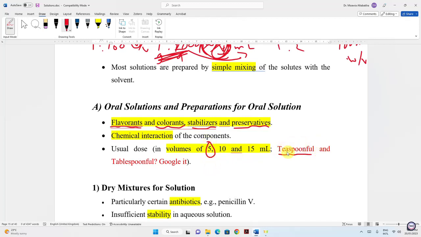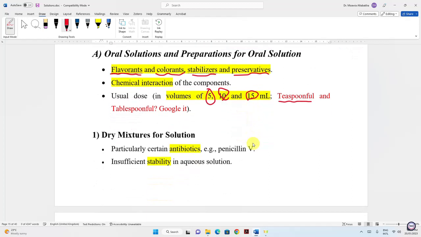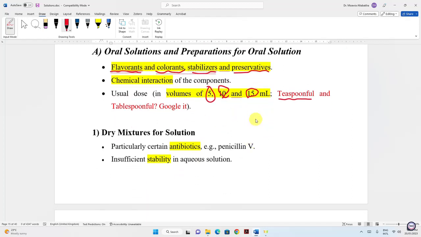When we say 2 teaspoonful, we are talking about 10 ml. Of course, the teaspoon is smaller than the tablespoon, the one that you eat rice with. Now the tablespoonful is 15 ml. Okay, so you should be aware of that.